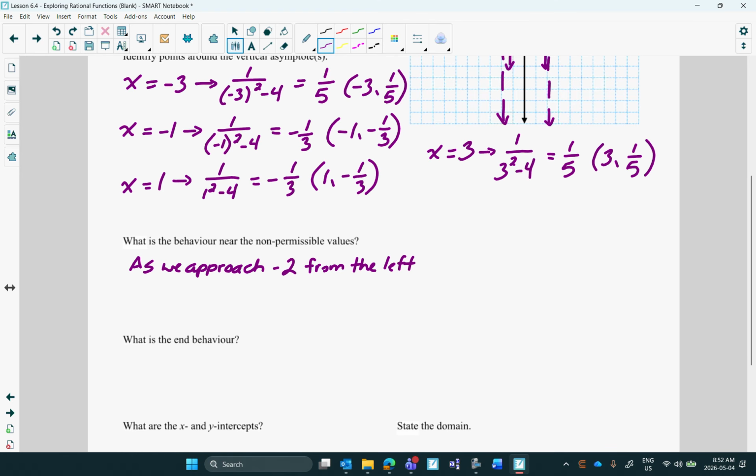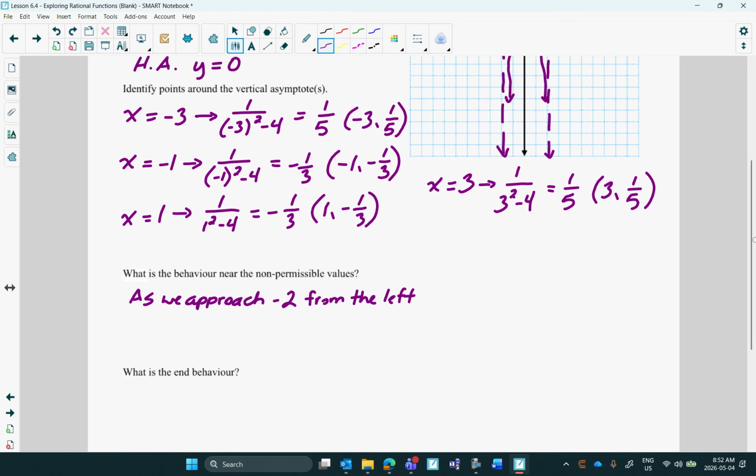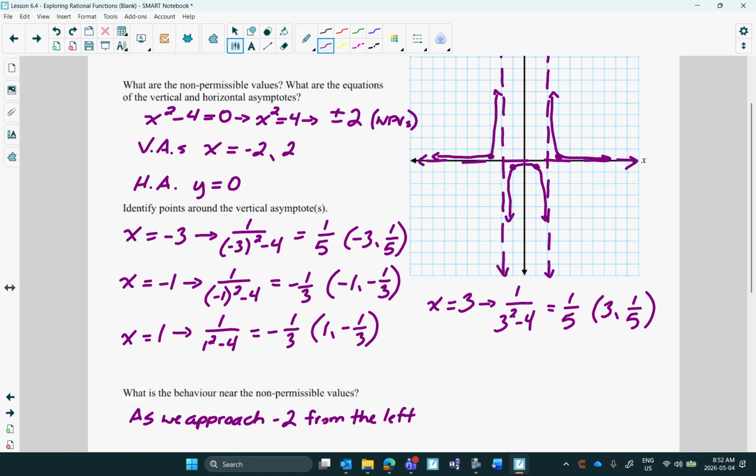what happens to y as we approach -2 from the left? Notice y starts to climb, so y gets bigger.